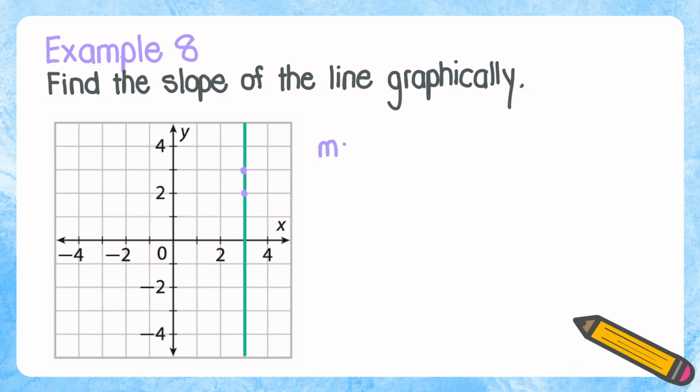And I know that the slope can be found by doing rise over run. And so I notice here I rise 1, so positive 1, but I don't run anything. I don't go to the left or the right.